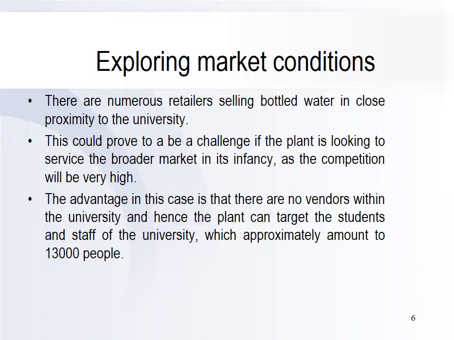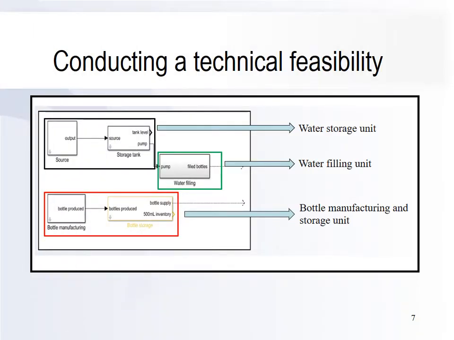Based on this market condition study, we moved on to a technical feasibility. The technical feasibility was achieved using MATLAB Simulink. On MATLAB Simulink, a model was created with three major blocks. Firstly, the water storage unit.